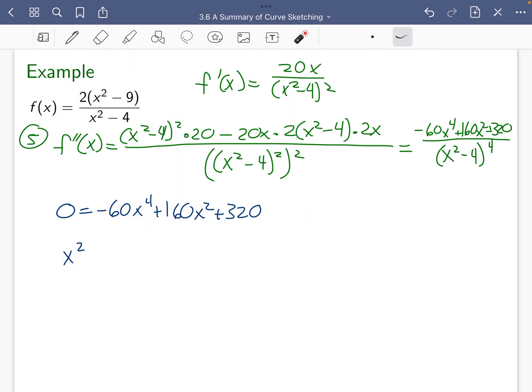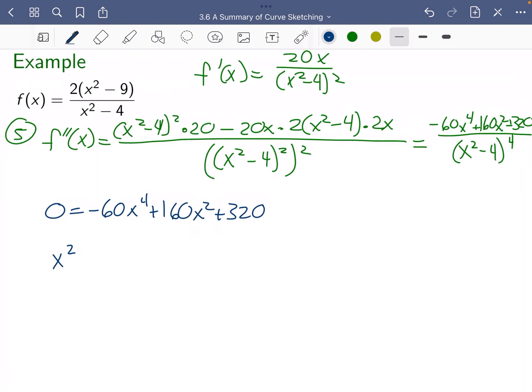have x to the fourth and an x squared here. We're matching that x^4 as being x squared squared, plus 160x squared to the first. And so this will be a solution for x squared. So we have x is equal to negative b, so negative 160, plus or minus the square root of b squared minus 4ac.